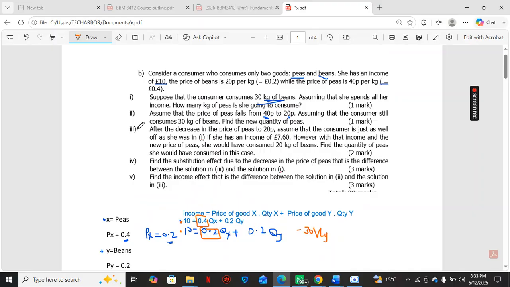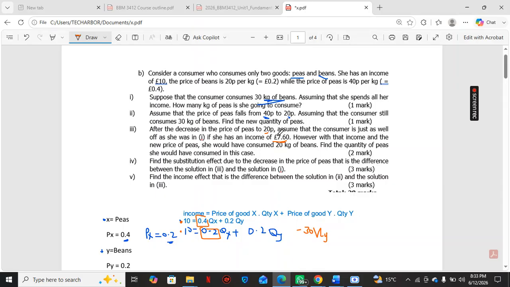Number three. After the decrease in the price of peas to 20 pence, assume that the customer is just as well off as she was in part one. If she has an income of $7.60, however, with that income and the new price of peas, she would have consumed 20 kg of beans.